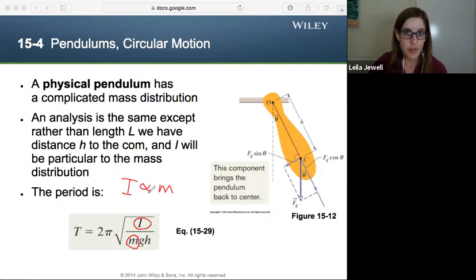But there's always direct proportionality between the rotational inertia and the mass. And so the masses are going to cancel out, and we find that the period doesn't depend on mass. It just depends on how that mass is distributed and how long it is. So that's pretty wild here.